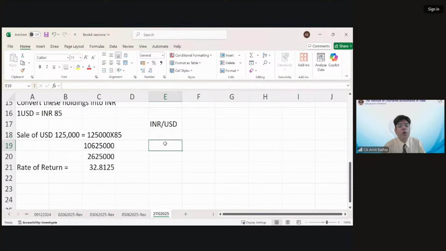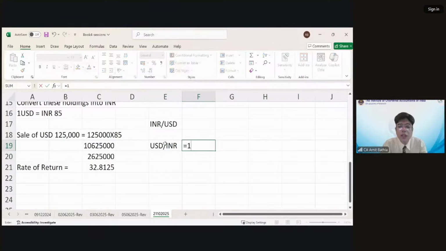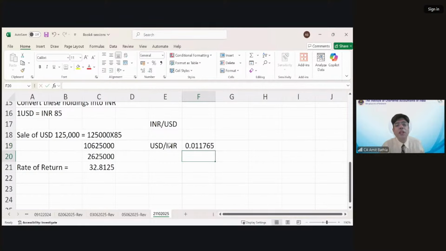Say, for example, if I want to express the same with INR as the base currency, then it would have to be USD upon INR, right? How does that essentially come about? So 1 USD is equal to 85 rupees, so it will be divided by 85. So now we are expressing the USD rate as 0.011765.